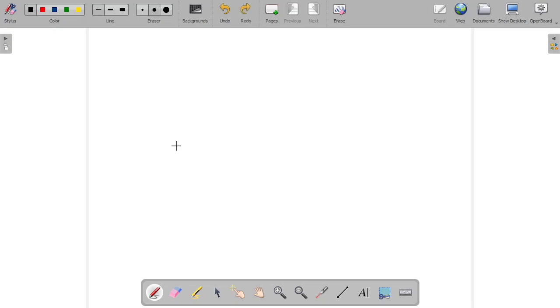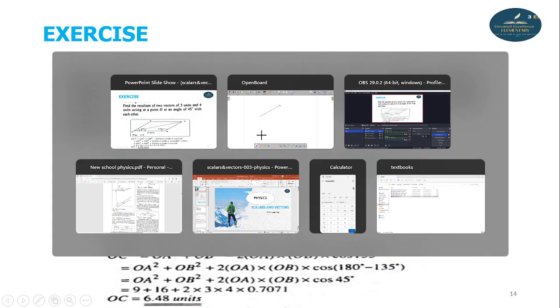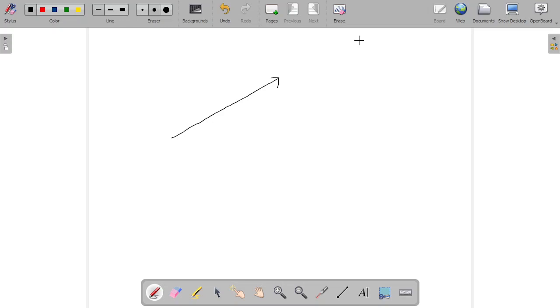Let's take a very good straight line, of 3 units and 4 units. There is something very important you should also note. We have the vector of 3 units and 4 units.